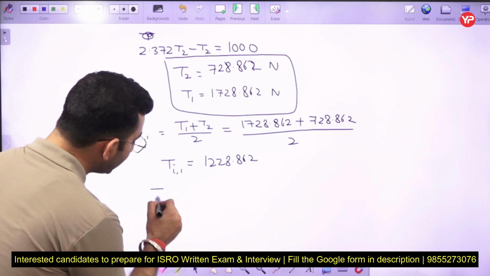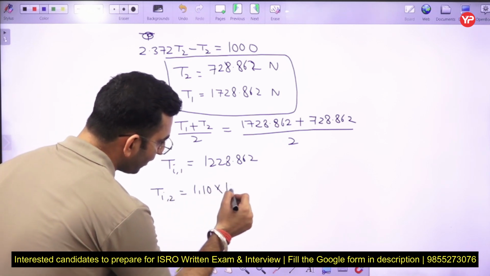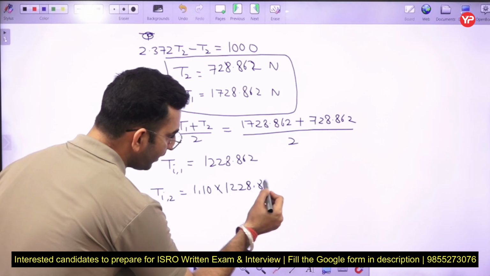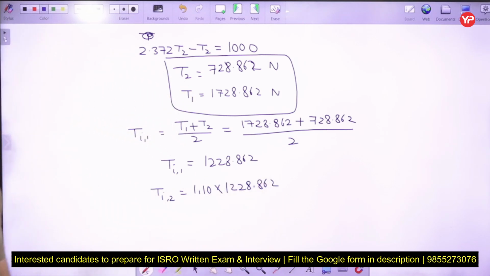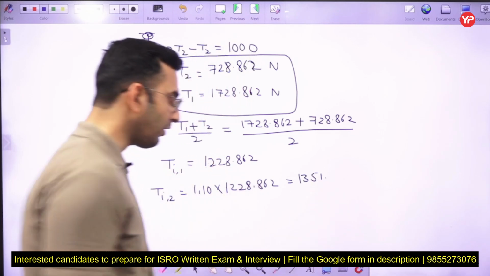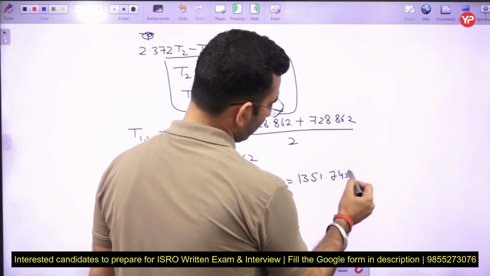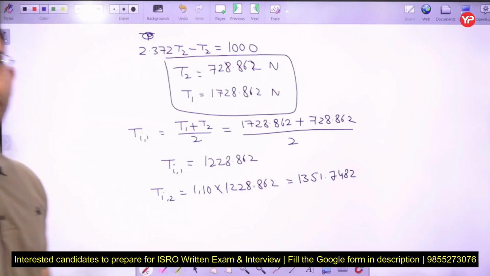Now the initial tension has been increased by 10% here. Okay, so if you just calculate the increased initial tension, it is coming out to be 1351.7482. This is coming out to be like this one here.